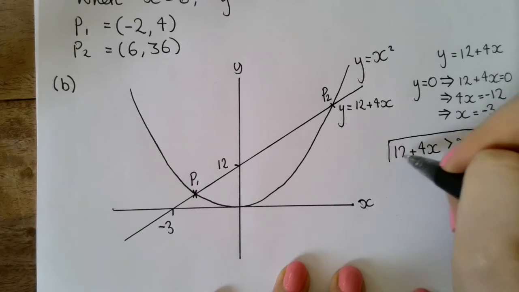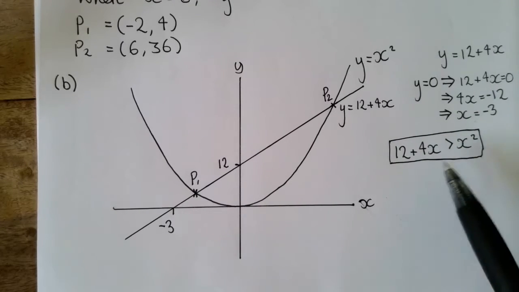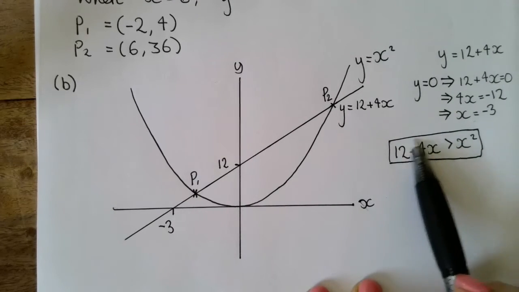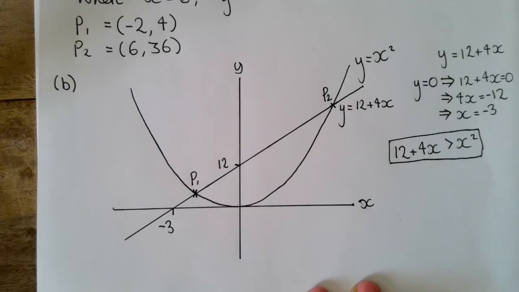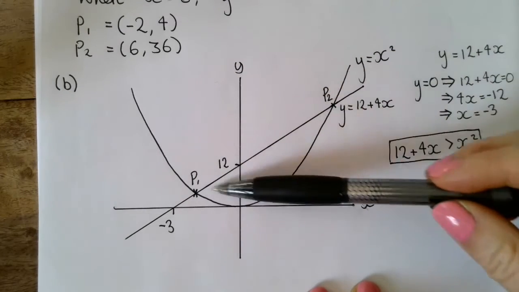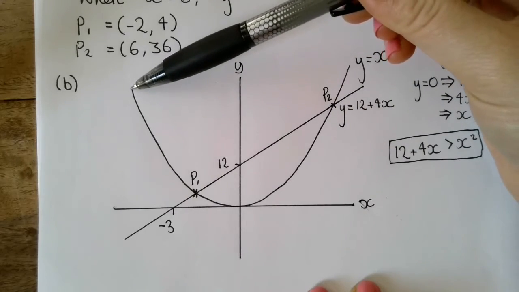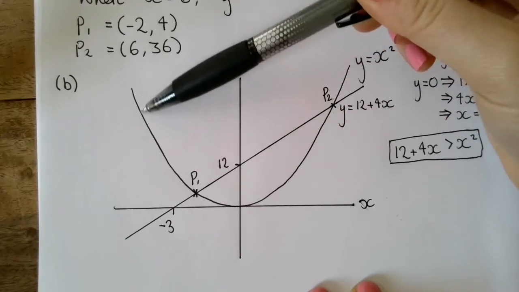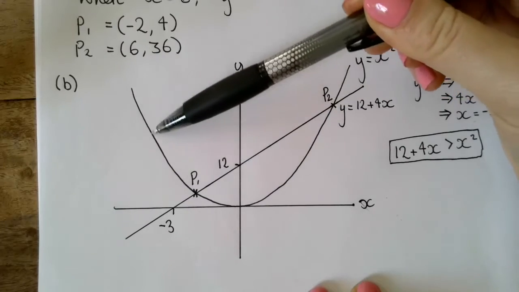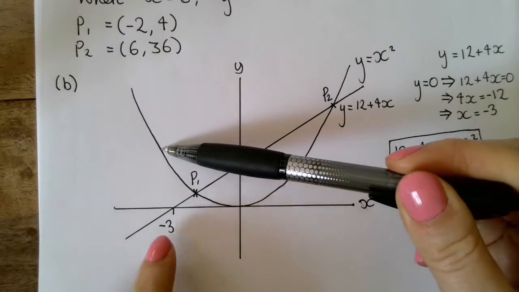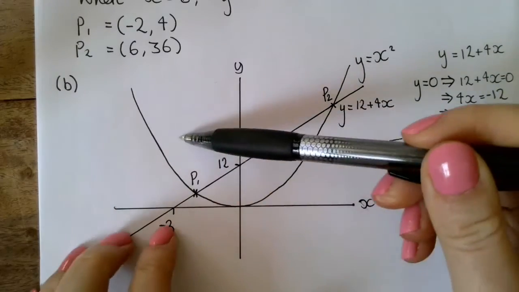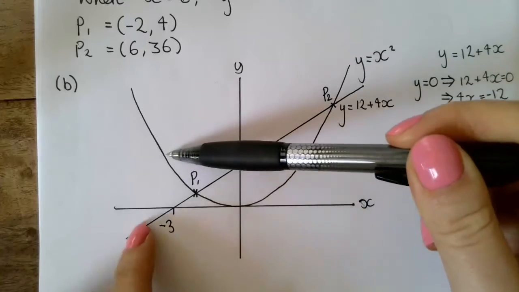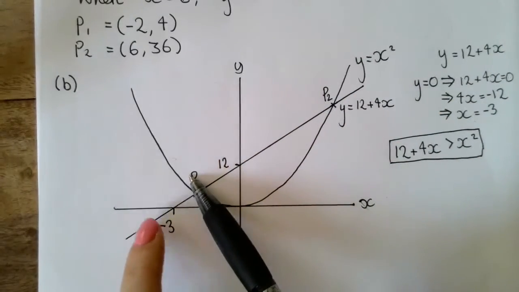So we want to find the region where this line here, 12 plus 4x, has a greater value than the curve x squared. Now if we look at our graph, we can see if we start over here, in this part of the graph, the values for x squared are greater than the values for 12 plus 4x. So we're thinking about the y values here. The y values of x squared are greater than the y values of 12 plus 4x.